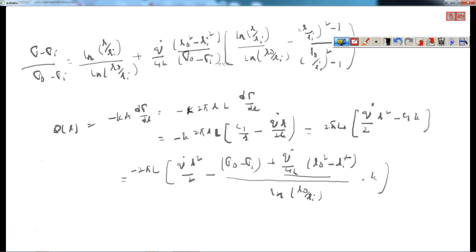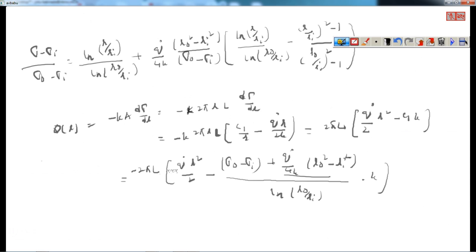Similarly for heat transfer, when there is no heat generation, QR equals 2 pi K L, right? This is equals to 0, this is also 0, and this is also 0, right?